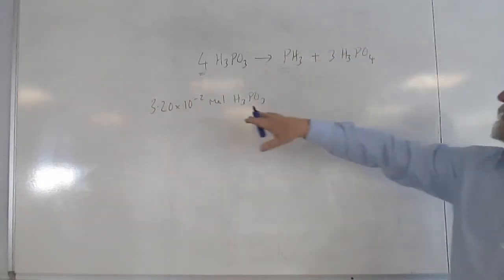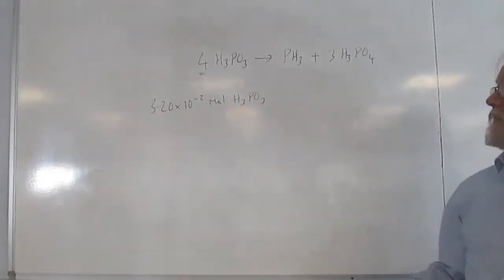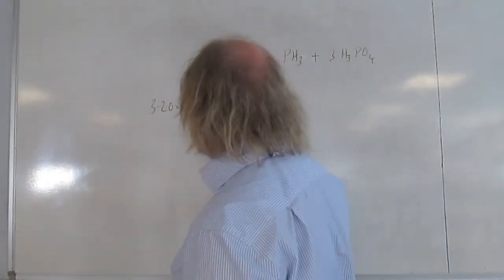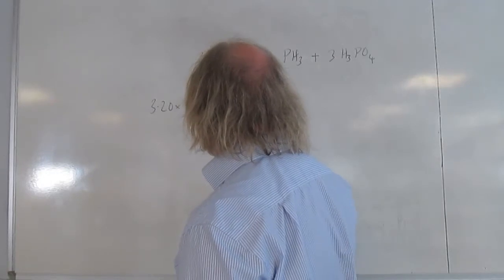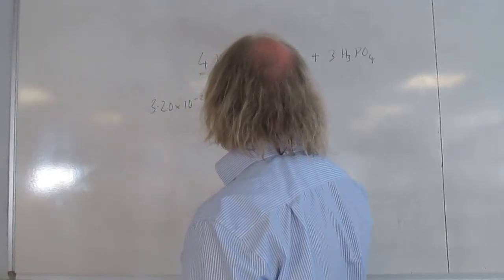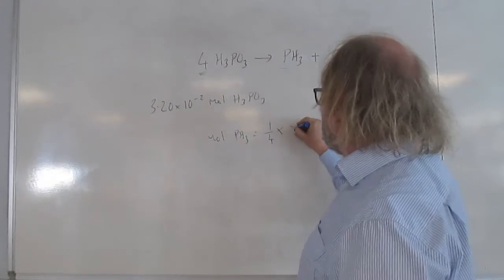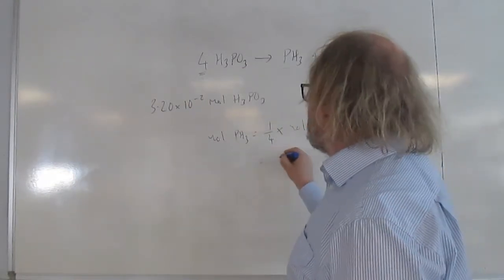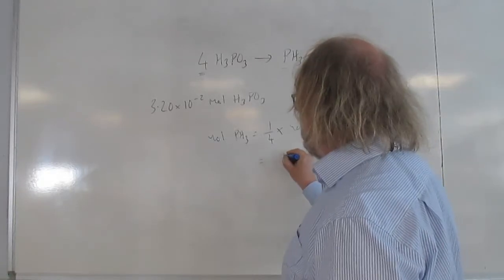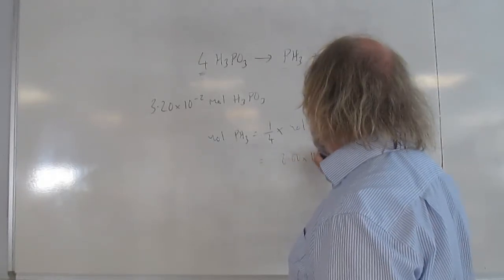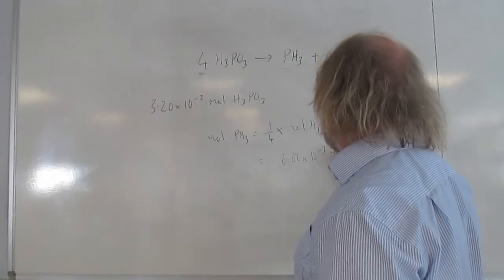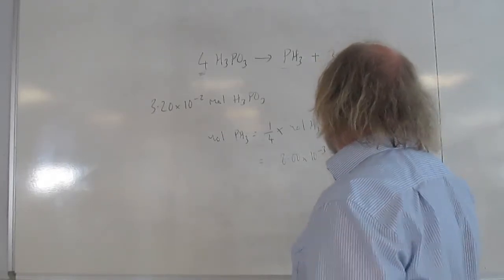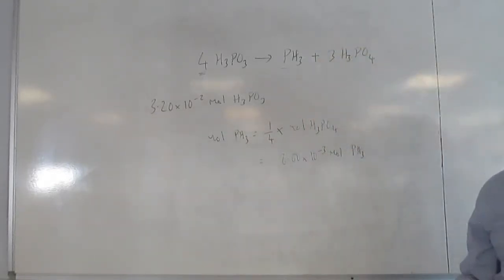Okay, so the moles of phosphine is not that, it's a quarter of that. So that's your first step, to get that the moles of PH3 is a quarter of the moles of H3PO3, and a quarter of that number is 8.00 times 10 to the minus 3 moles of PH3. Okay, so that's the first step.